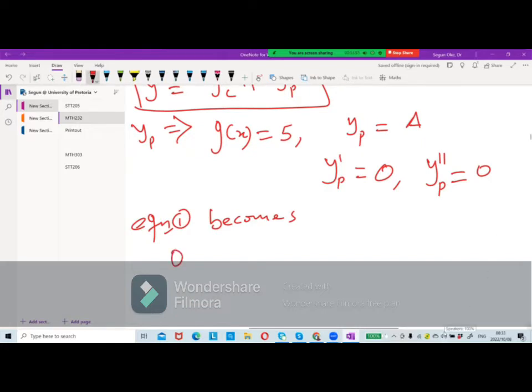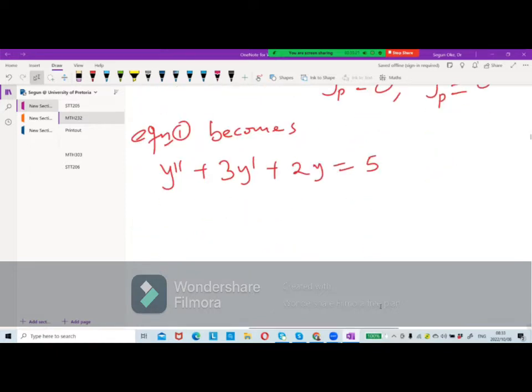Let's write equation 1 again, because some of us are looking. y prime prime plus 3y prime plus 2y is equal to 5. Thank you. Now, that's our equation 1.